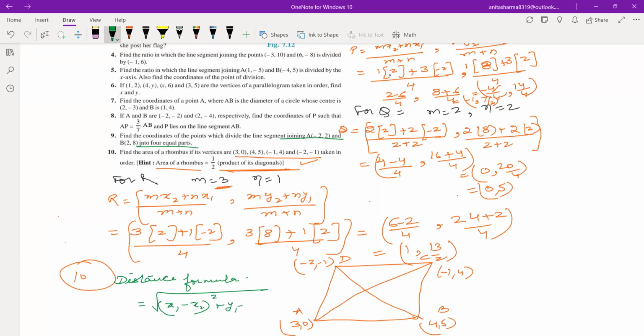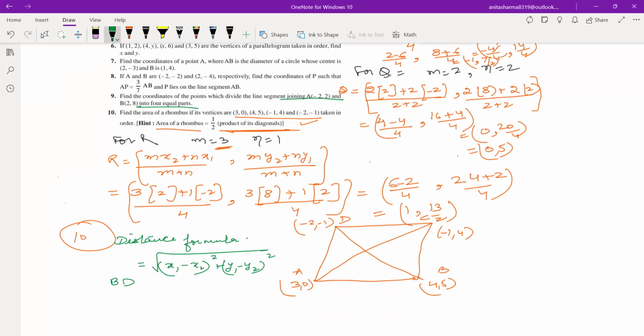Yes. Very good. So now find BD and AC. And then find the area of rhombus, which is equal to half into BD into AC. So I guess you can solve this question, right, children? Yes, ma'am.